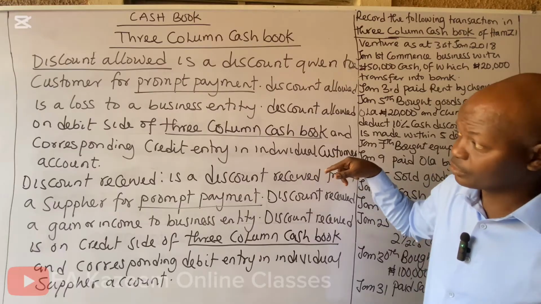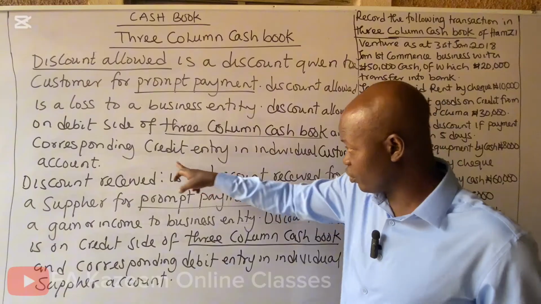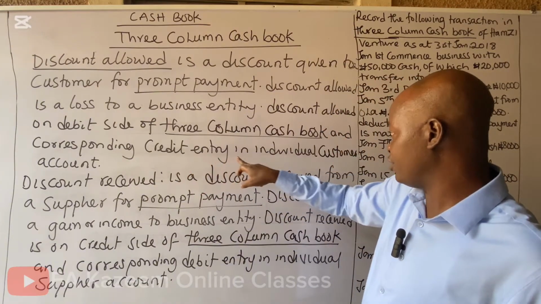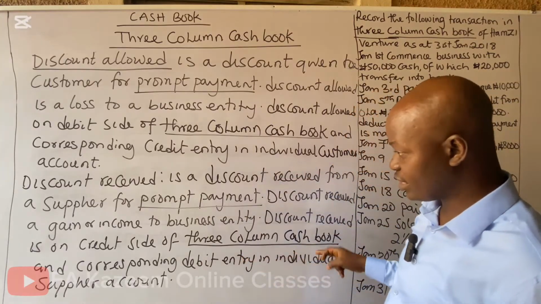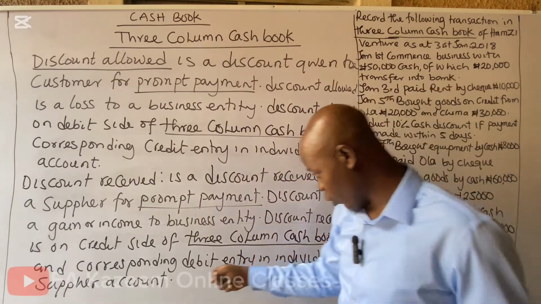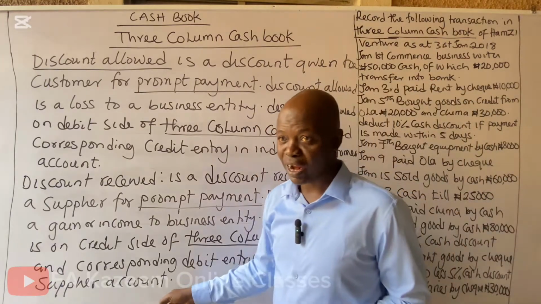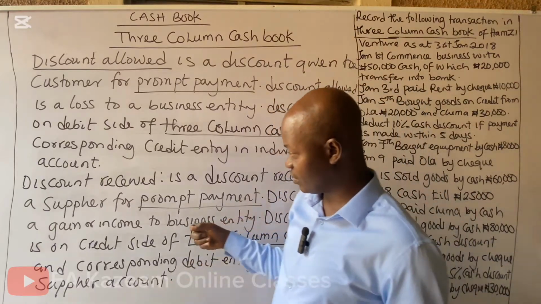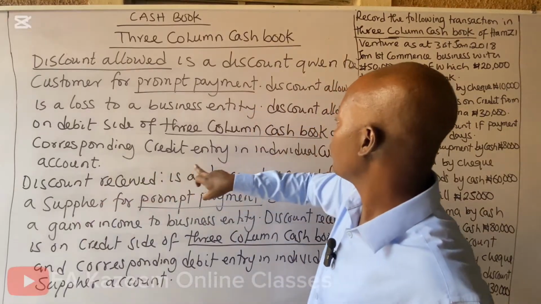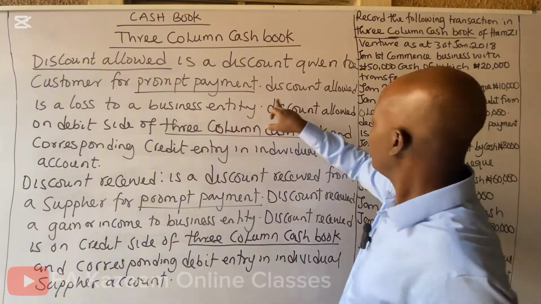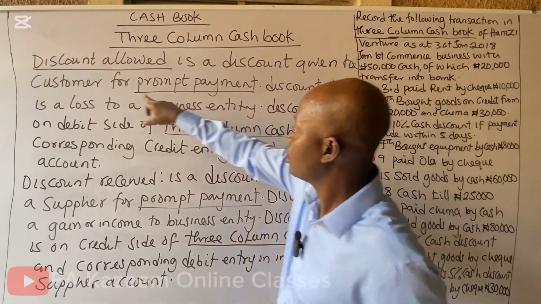The corresponding entry of discount allowed, to observe double entry, is always the credit entry in the individual customer's account, while the corresponding entry of discount received is always the debit entry in the individual supplier's account, which means discount received is a discount received from the supplier, while discount allowed is a discount given to our customer.